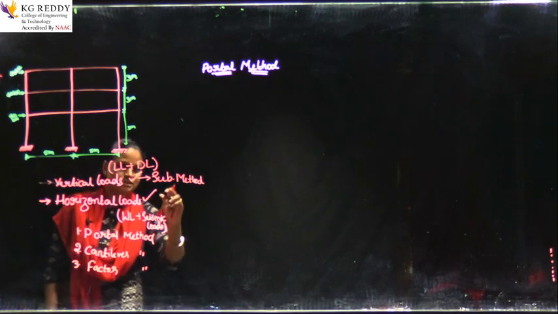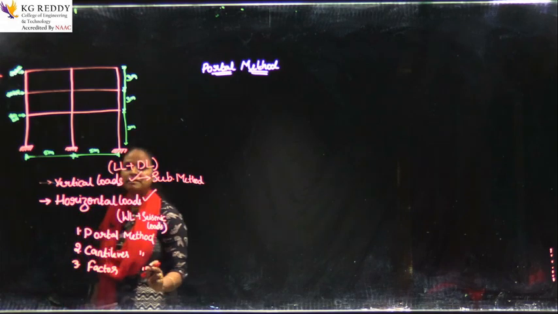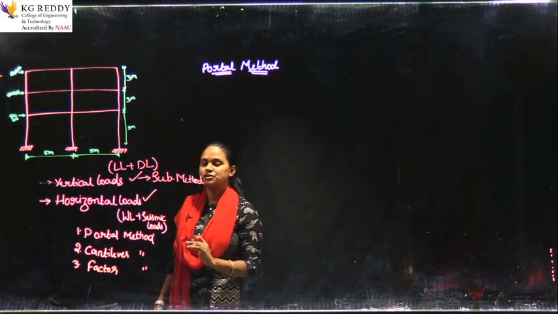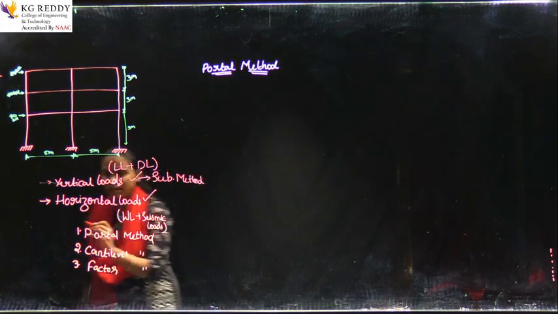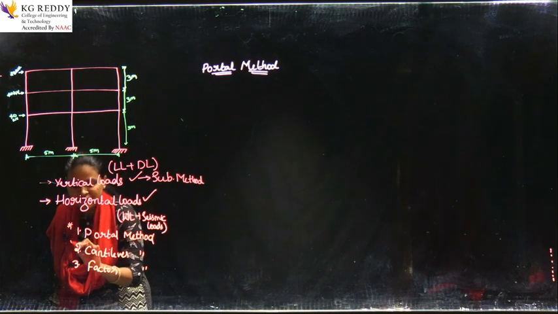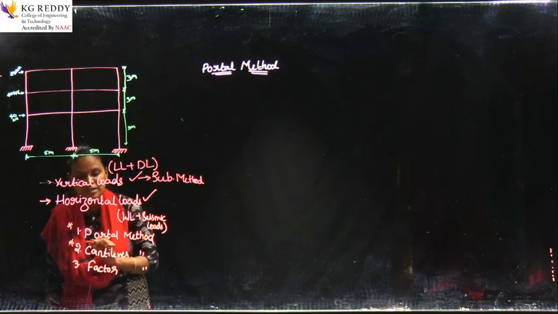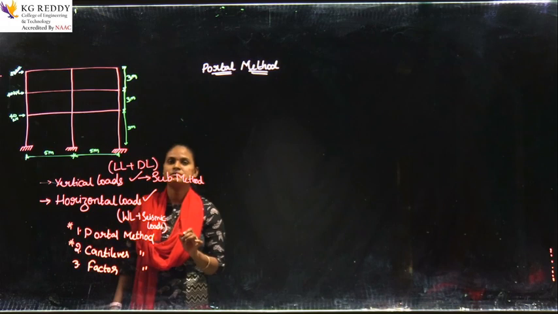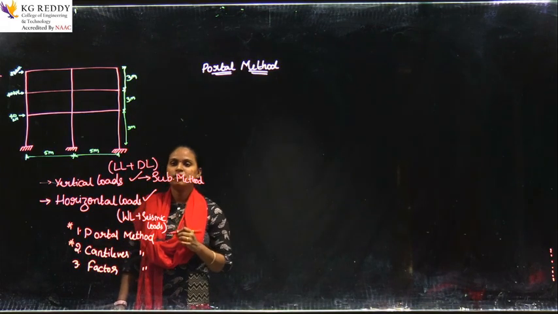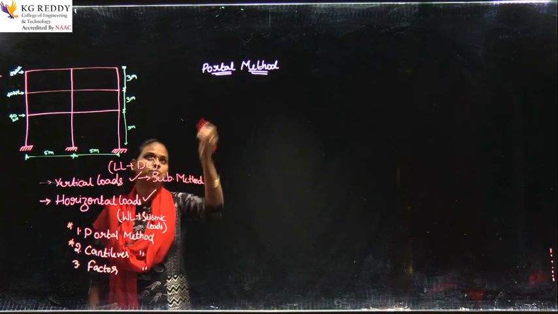So these four methods make up the approximate method of analysis for a frame structure. Among them, the portal method and cantilever method are very important and widely used methods for the analysis. So let us see what the portal method is.